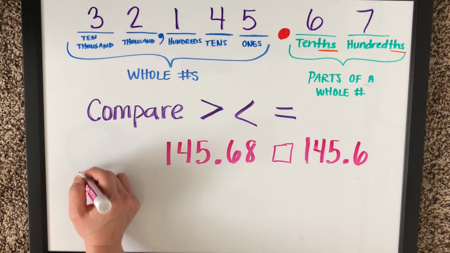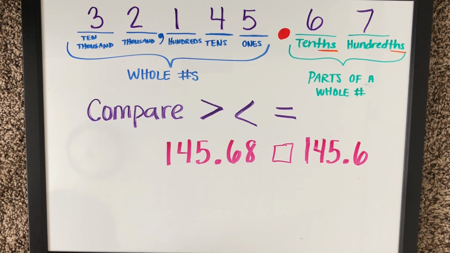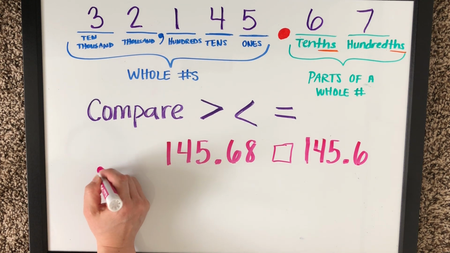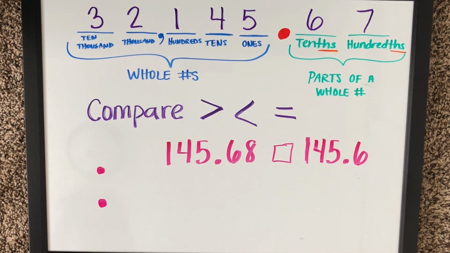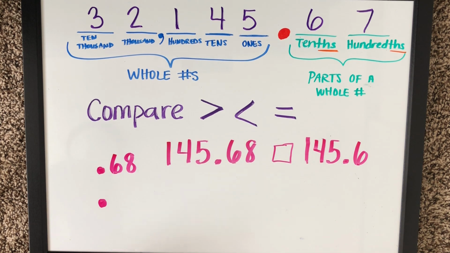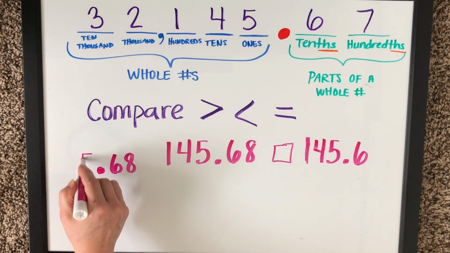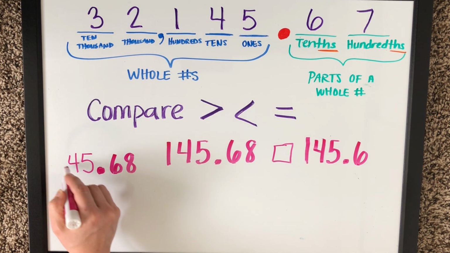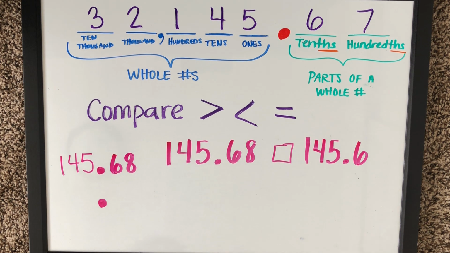Okay, so here is my 145. I'm going to start with my decimal points for each number. I'll do my hundredths and tenths first. So 6 tenths, 8 hundredths, and then I fill in my ones, tens, hundreds. I have to be very careful to line them up.